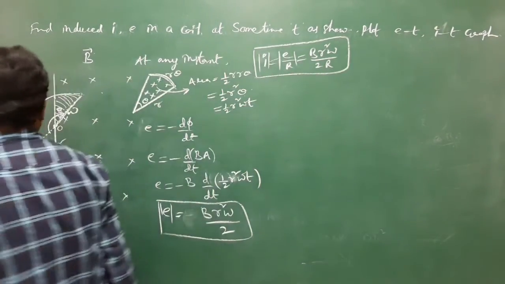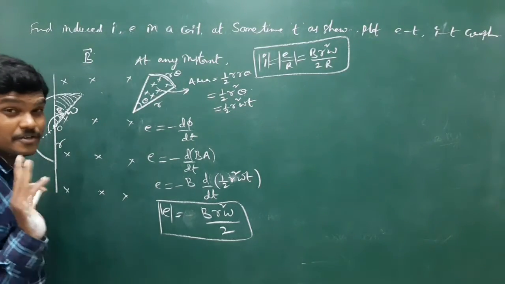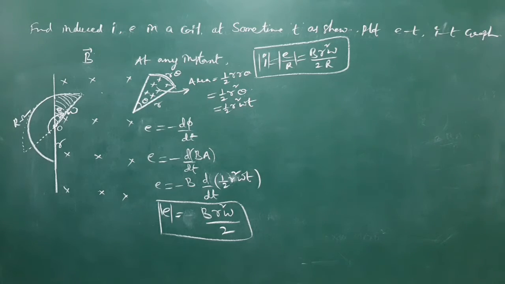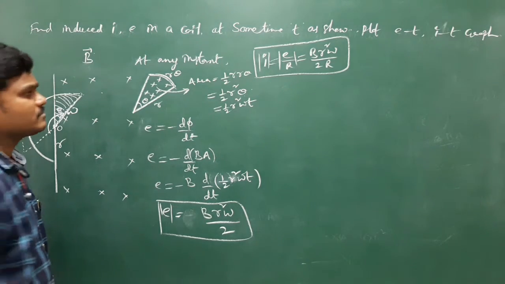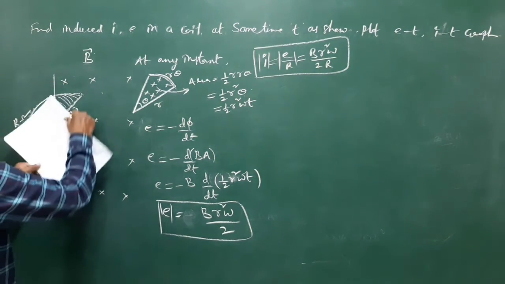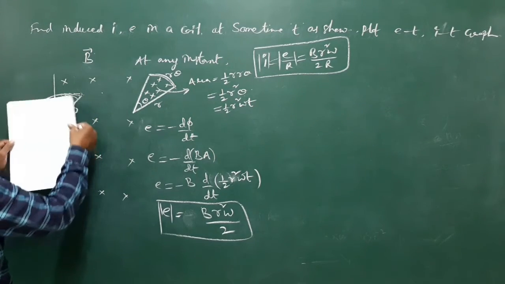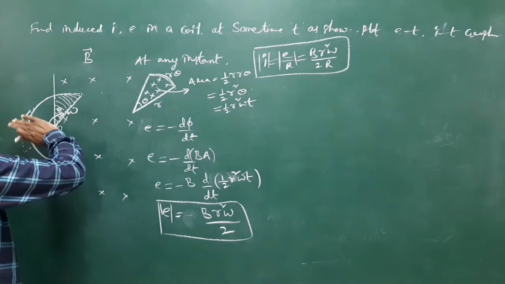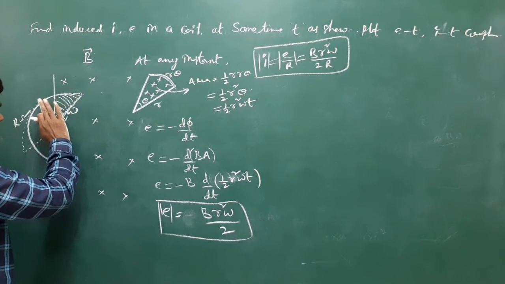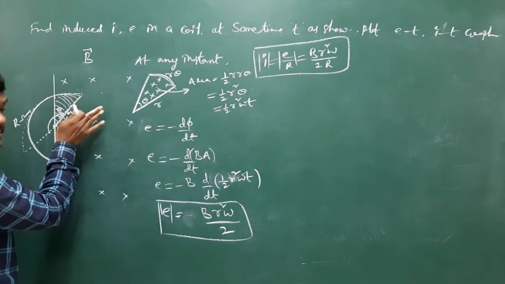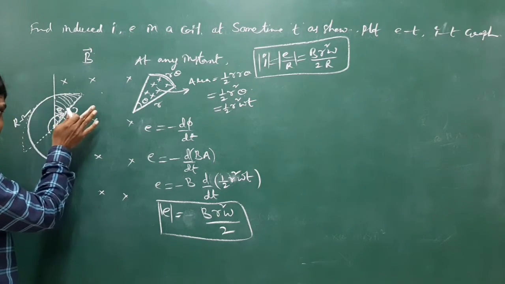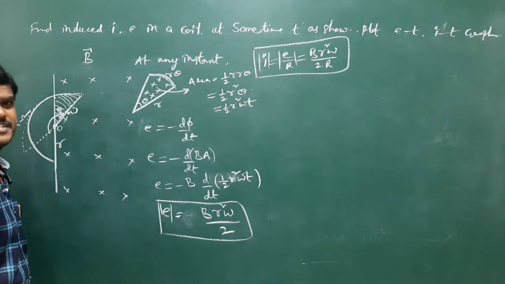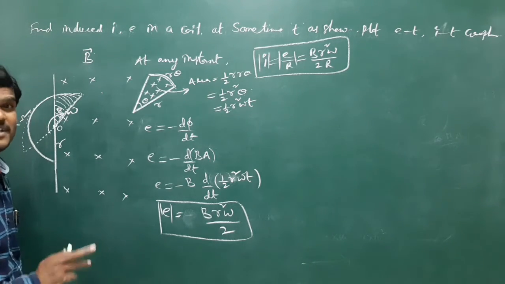First, identify the direction of the induced current. The loop enters like this. Once it enters, the area of this region is increasing. As the area changes, the magnetic flux changes, because flux is nothing but BA.